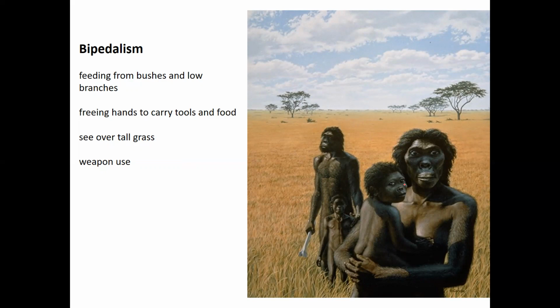So bipedalism is advantageous there. And also weapon use, for self-defense from other competing tribes, and to capture prey. To use those weapons, you need the use of your hands, which requires bipedalism.